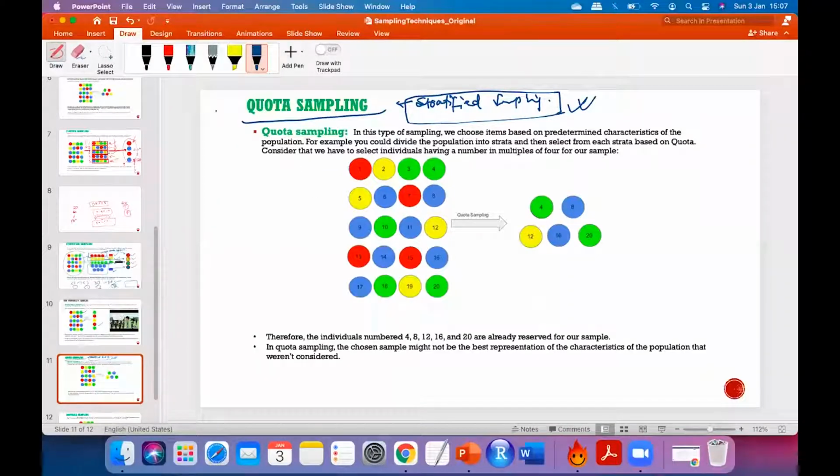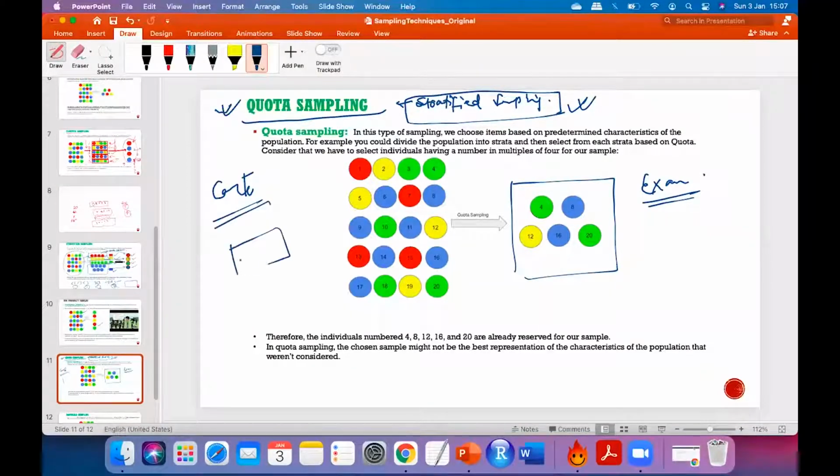Quota sampling is non-probabilistic. Let's say in India, usually we have quotas. Correct? We have quotas based on caste. Yes or no? So let's say if I have to do a selection for any exam, any exam results, I have to take care of this also.